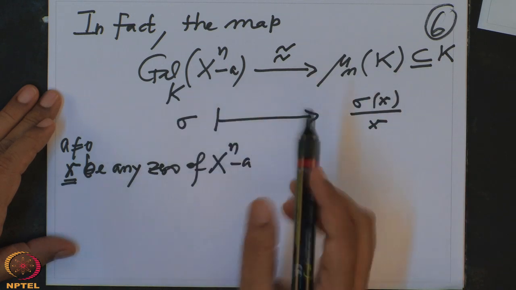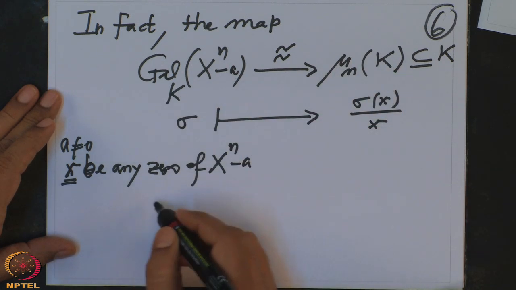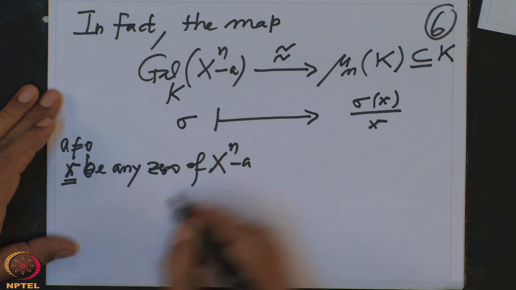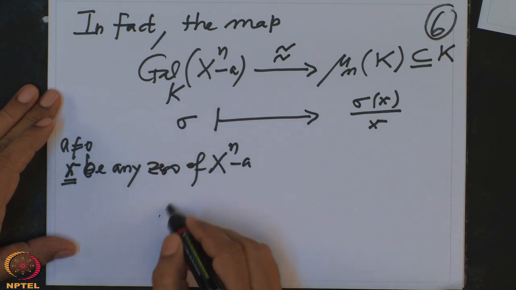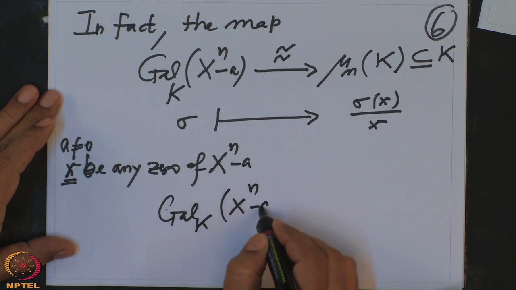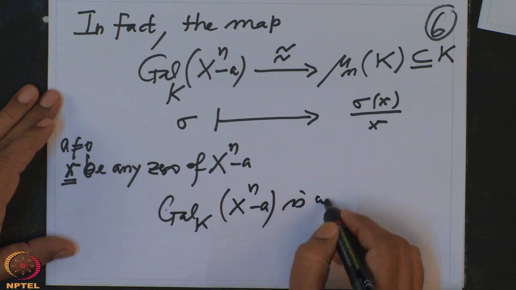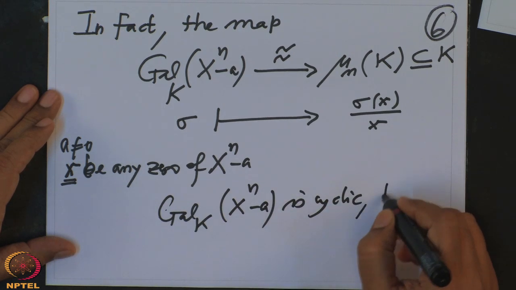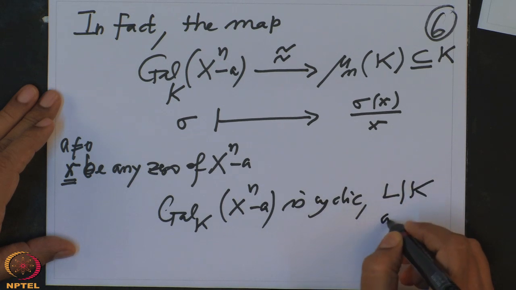So that means this splitting field extension is cyclic: Gal(K, x^n - a) is cyclic. So that means also we are saying that L over K is a cyclic extension.